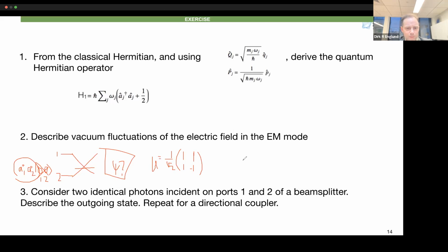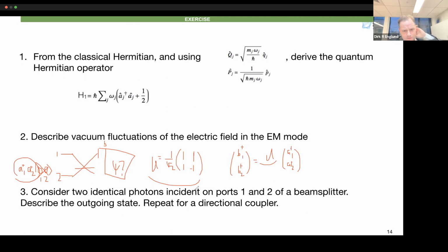Now we can ask what the output fields are. Let's call these output operators B. So B1 and B2 are equal to the unitary times the input fields A1 and A2. I'm doing this for the lowering operators, but the same applies with the Hermitian conjugate, since this is unitary.